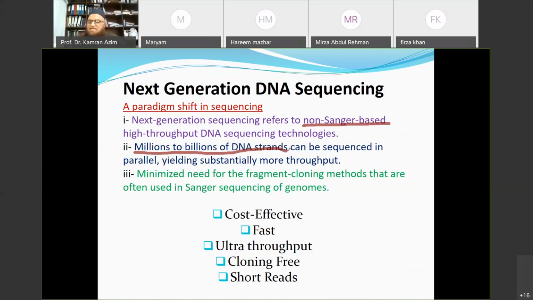All these millions of pieces can be sequenced in parallel, all together in one go, during one run of the machine, during one experiment. After fragmentation of that longer genomic DNA molecule, all these sequences are sequenced together.